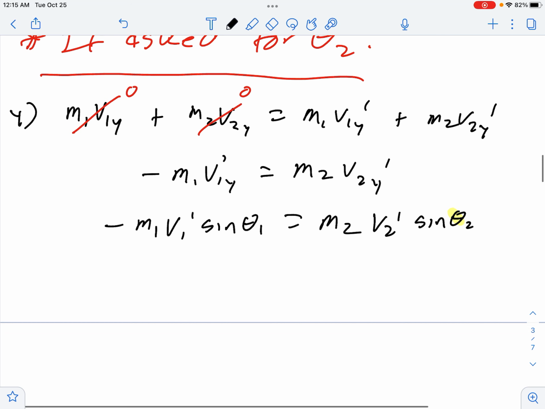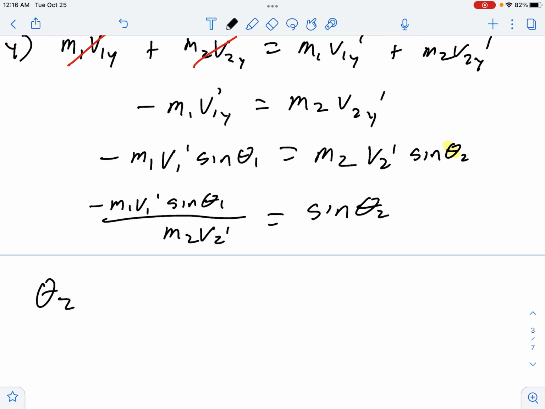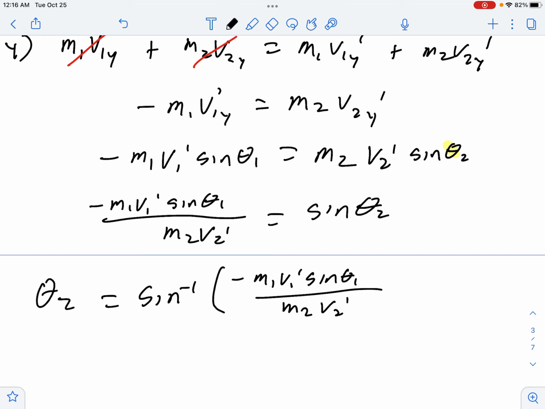Again, I'm going to get an algebraic solution first. So I get m1 v1 prime sine theta 1 divided by m2 v2 prime is equal to sine of theta 2. And so theta 2 is equal to the inverse sine of negative m1 v1 prime sine theta 1 divided by m2 v2 prime.